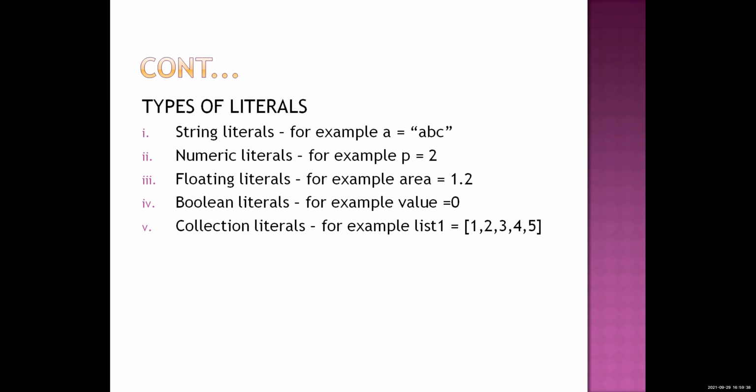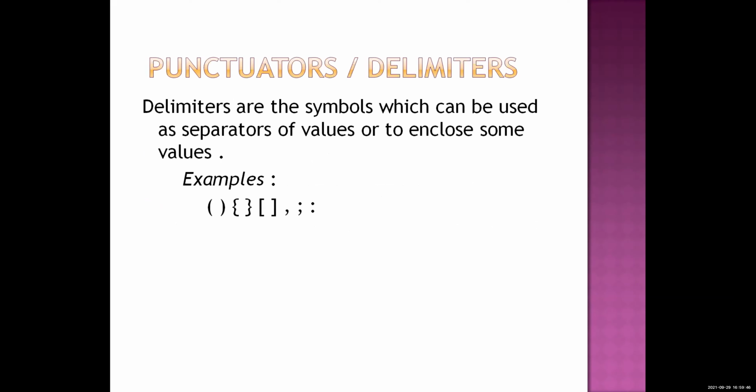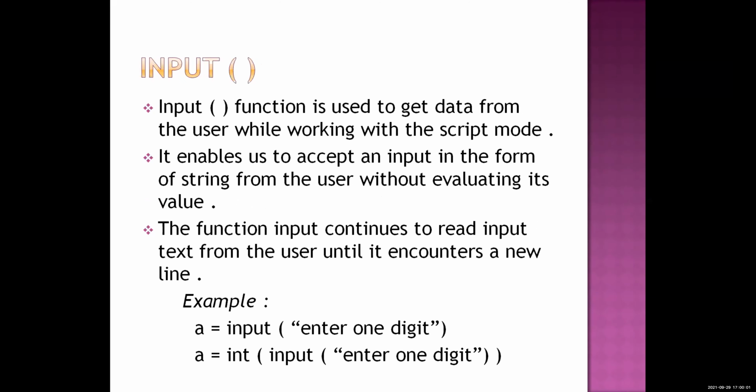Delimiters can be used as separators of values. Examples are bracket, curly bracket, etc. The input function is used to get data from the user while working in script mode. It enables us to accept an input in the form of a string from the user without evaluating its value.